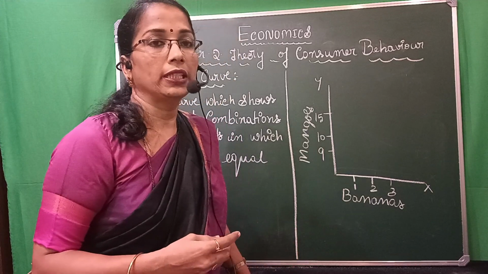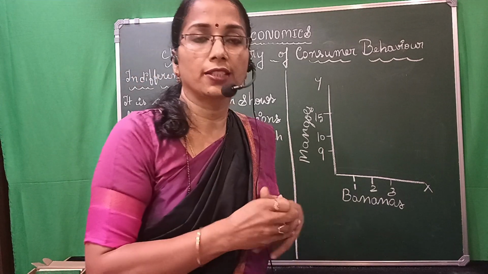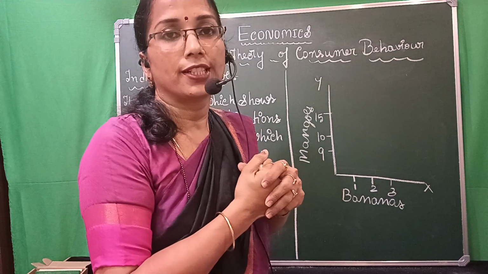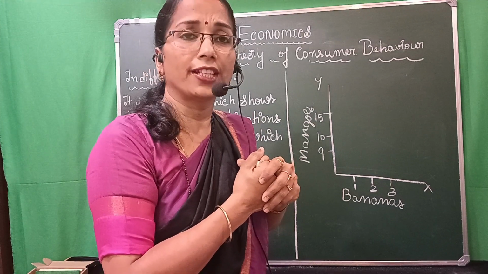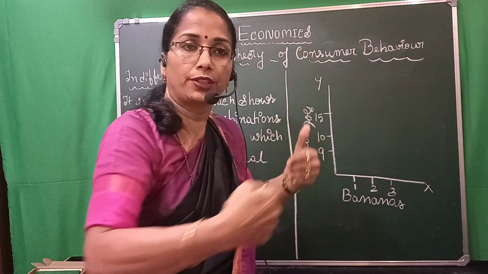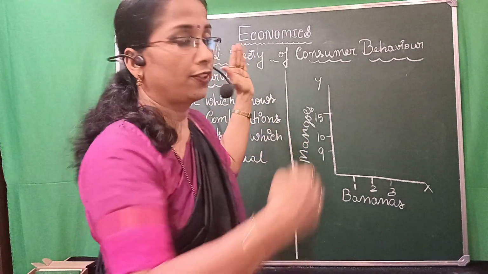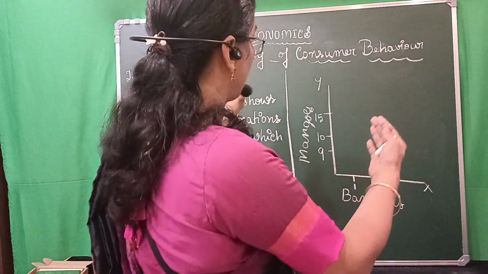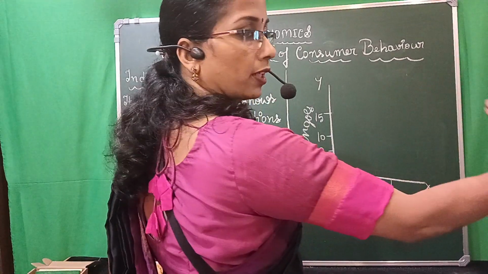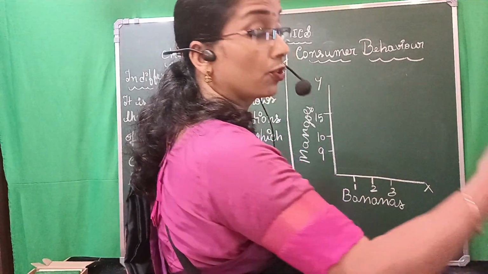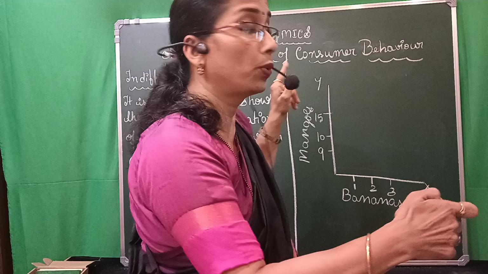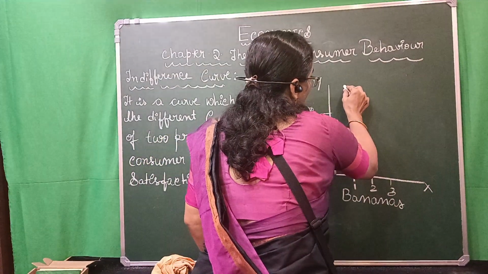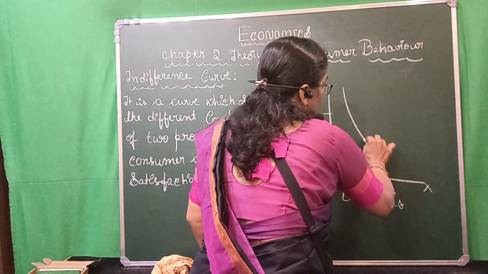Let us draw an indifference curve. Now the question is how to draw the indifference curve. An indifference curve always slopes downward from the left side to the right side. Let me draw one indifference curve.